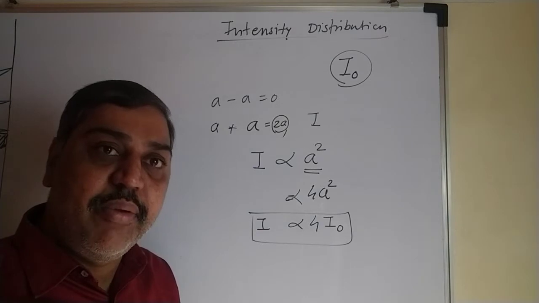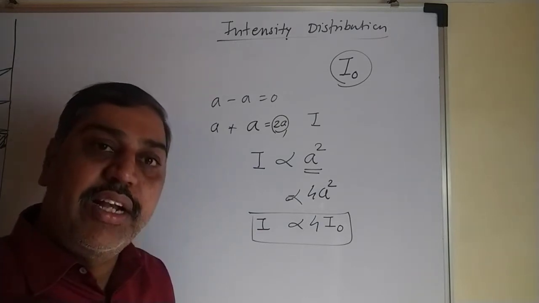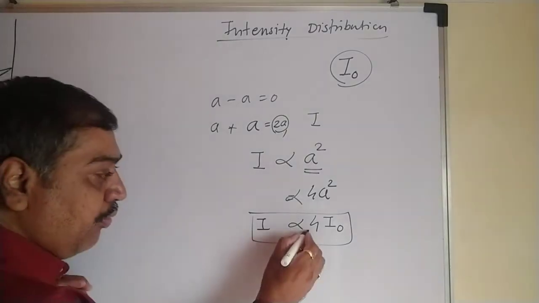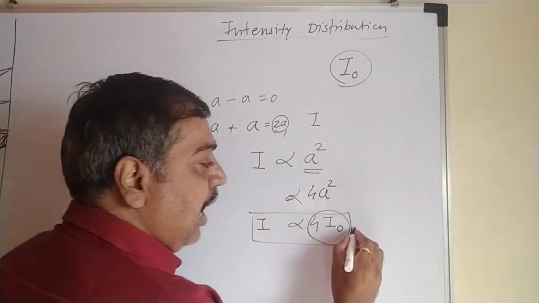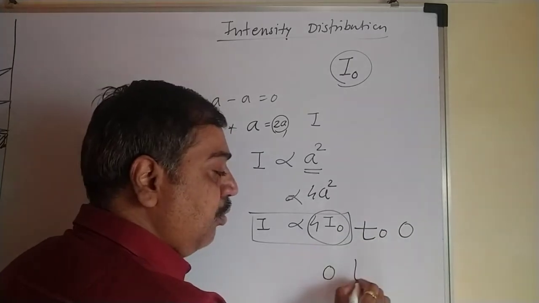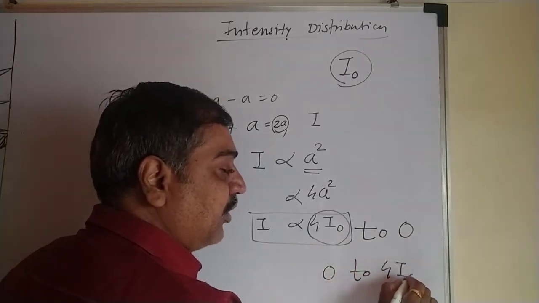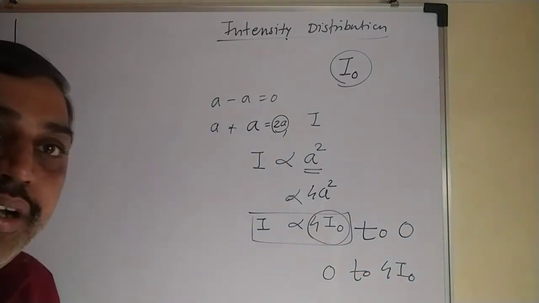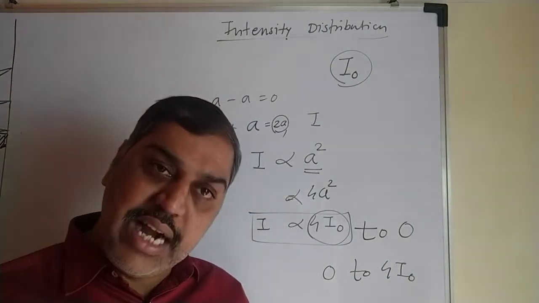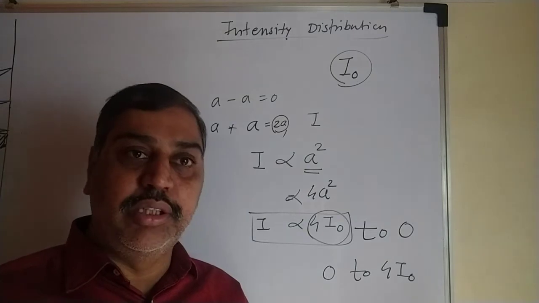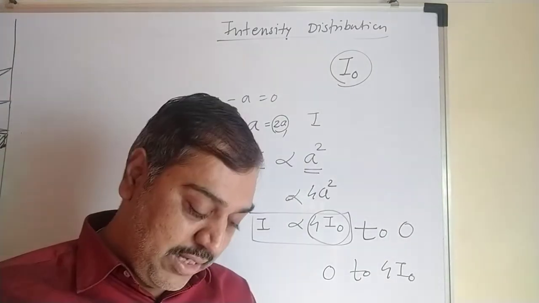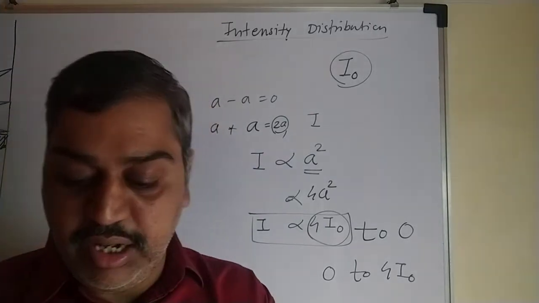So the intensity of the interference pattern varies from 0 to 4I0. When it becomes exactly 4I0, it is constructive interference and a bright point is observed, and when it is 0, it is destructive interference and we get a dark point.